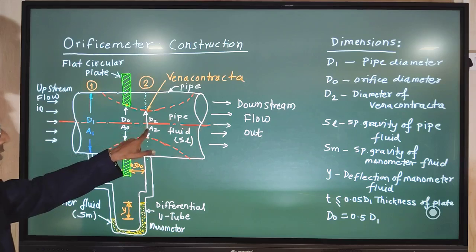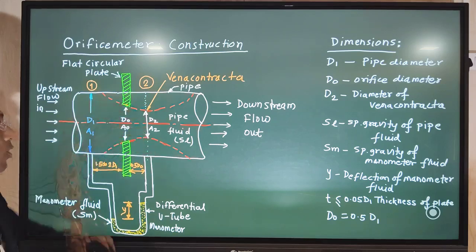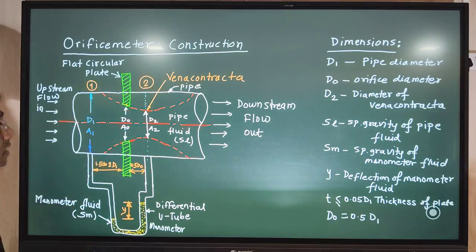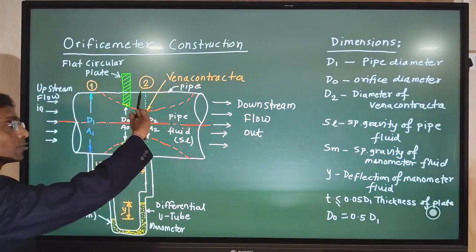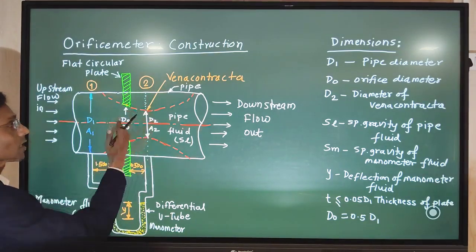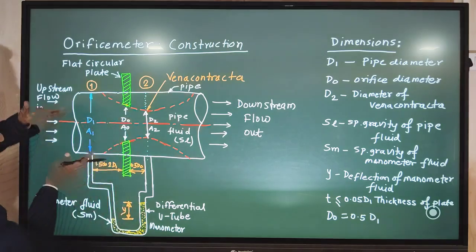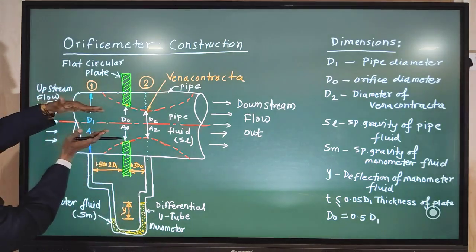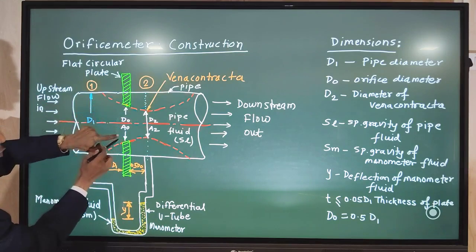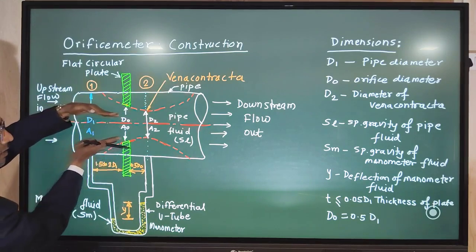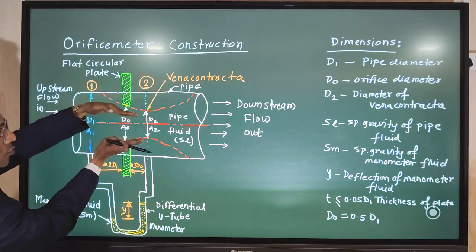The third diameter is the diameter of the vena contracta. Vena contracta is the least diameter of the fluid passage, which occurs after the orifice plate. When the fluid passes through the pipe, it comes across the hole and gets converged, so we find the diameter reduced.